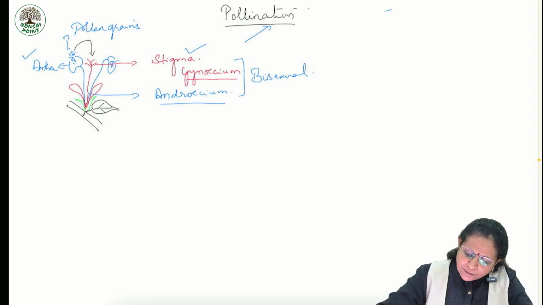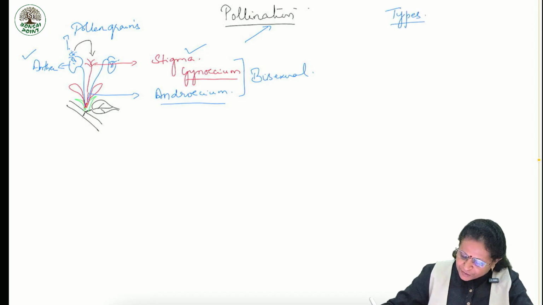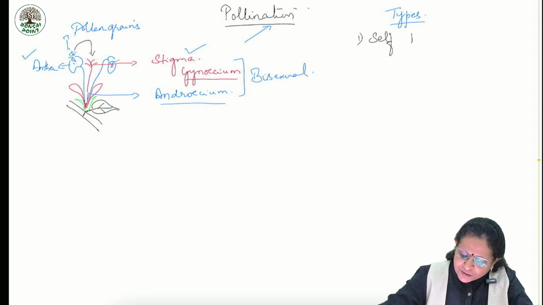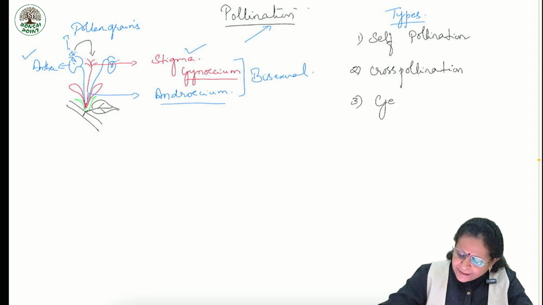Let us see, what are the types of pollination? Number one is self-pollination. The second one is cross-pollination. And the third one is said to be geitonogamy.